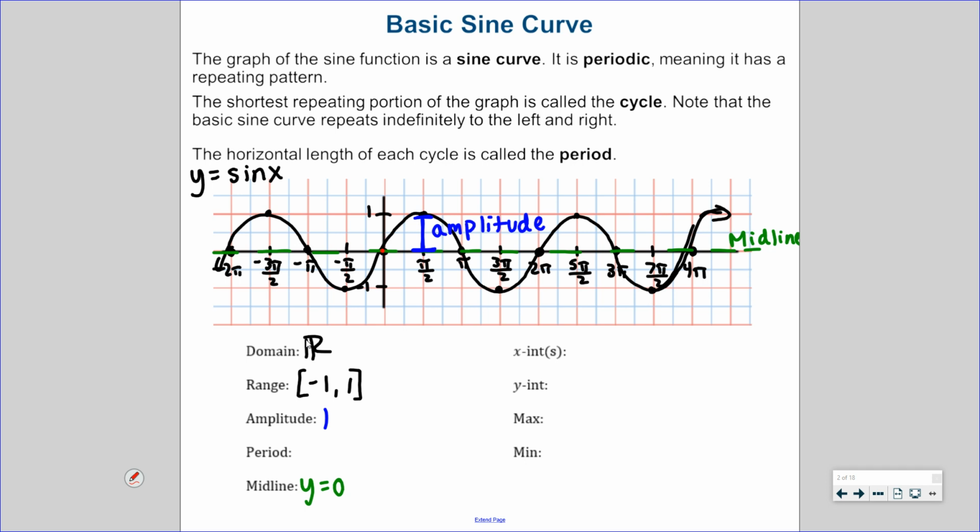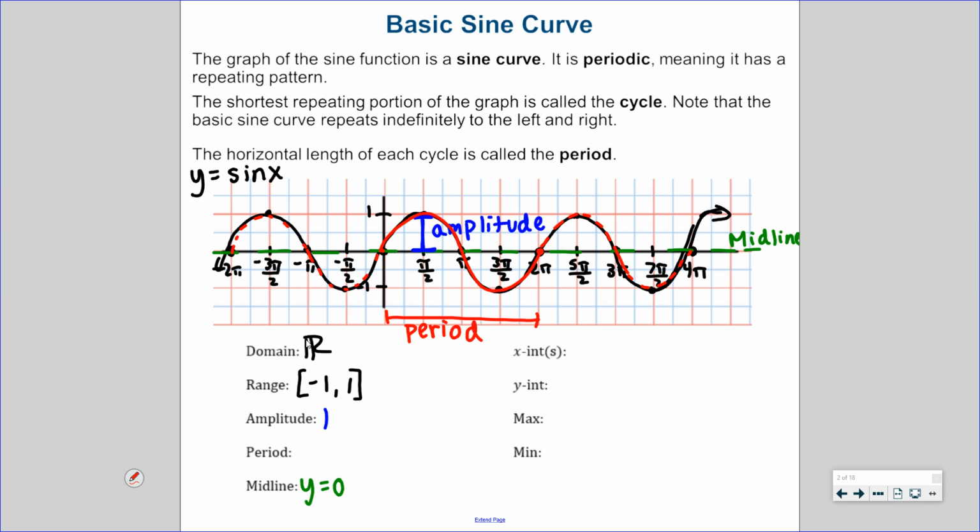You started at 0, and you did all of those angles until you got to 2 pi, and then you start over. So from here to here, that's one cycle, and then it just repeats. Same thing here. It would just repeat. So the length of one cycle we call a period. So this right here would be the period.